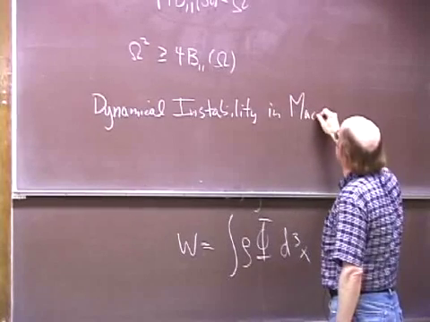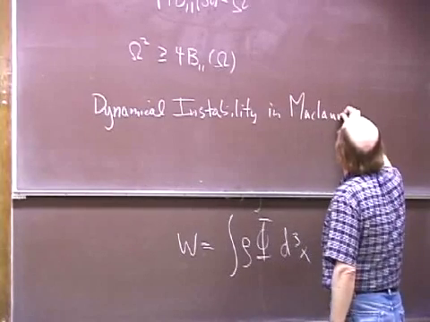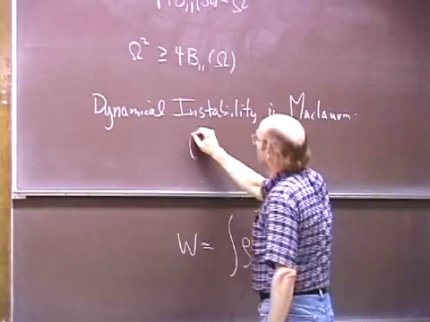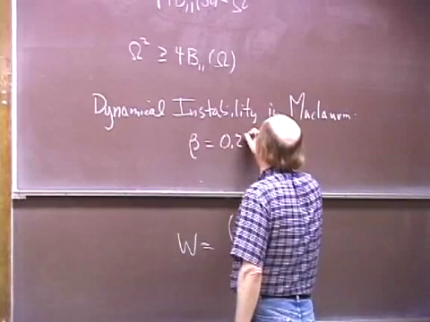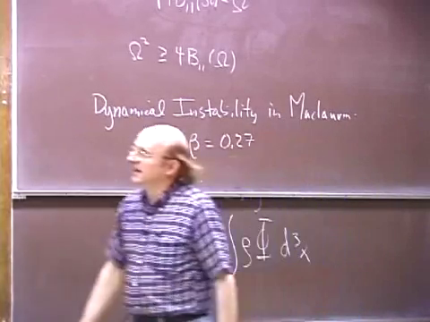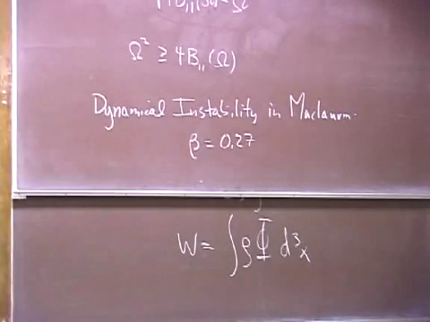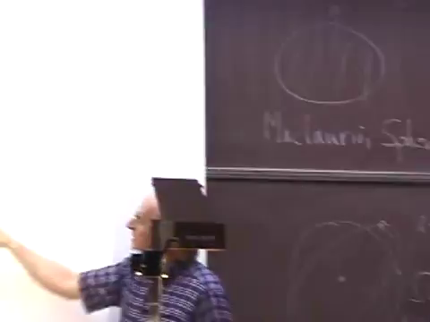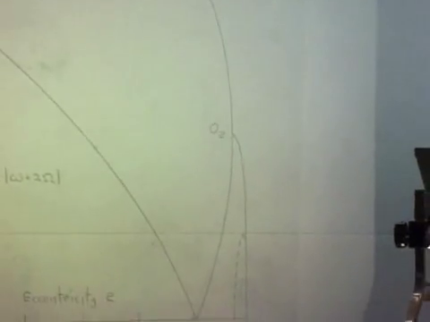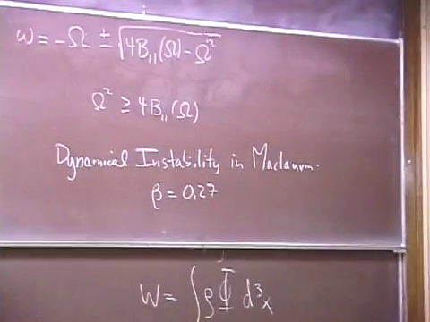So the dynamical instability in Maclaurin spheroids occurs at beta about 0.27. That's the point here where these two modes join and where the square root, which I have now erased, goes imaginary.